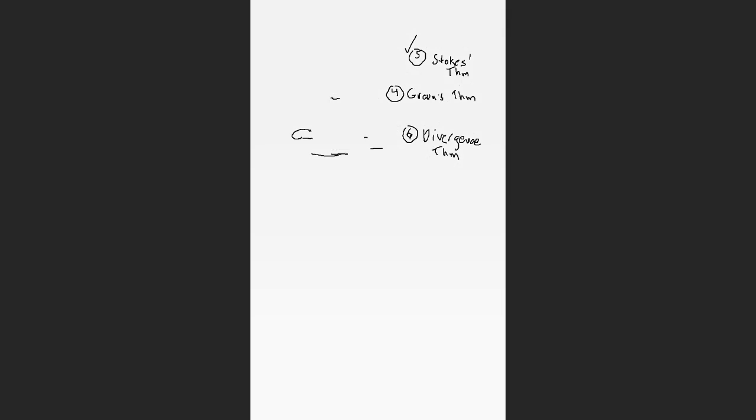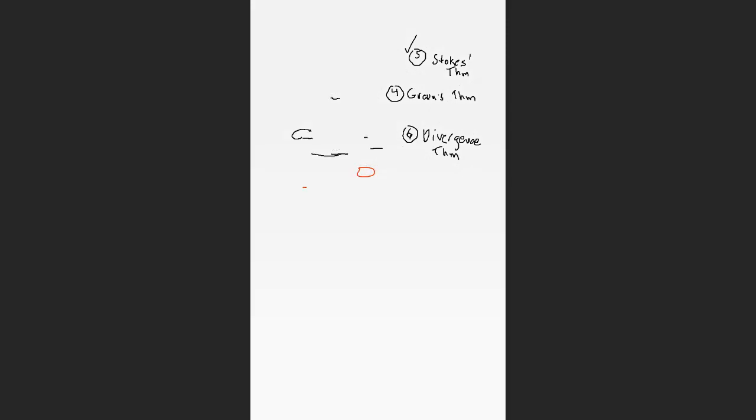Okay, now for D, scenario D, they are asking us to find the work, okay, the work that the vector field does in moving the particle along its path. And the path C consists of the curve sine of x from 0, 0 to pi, 0.